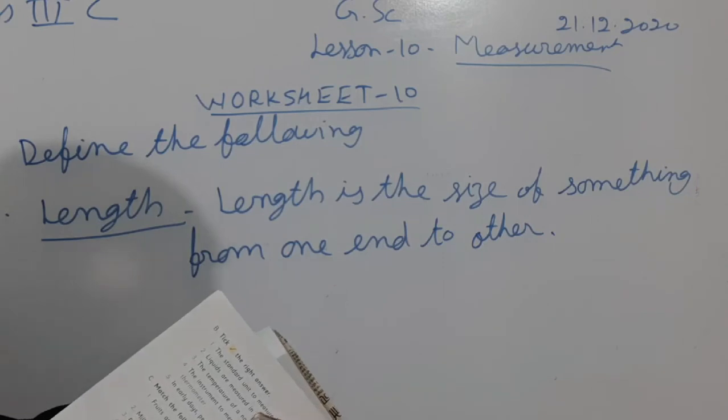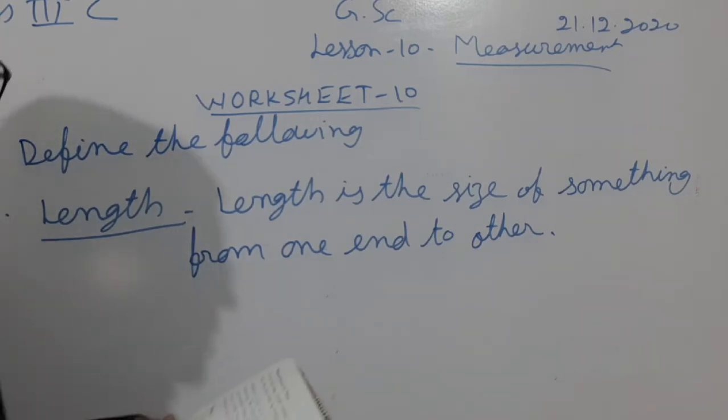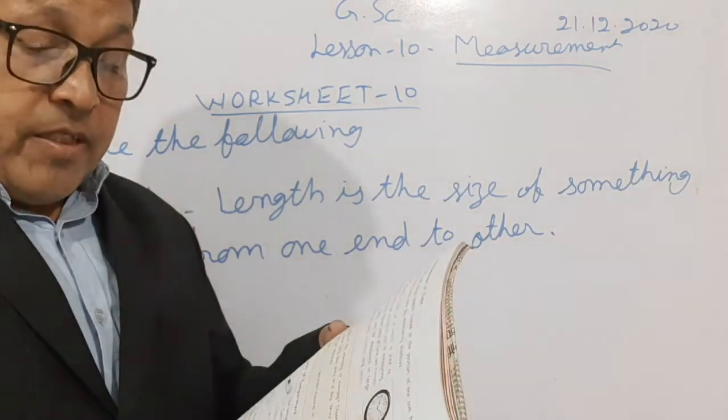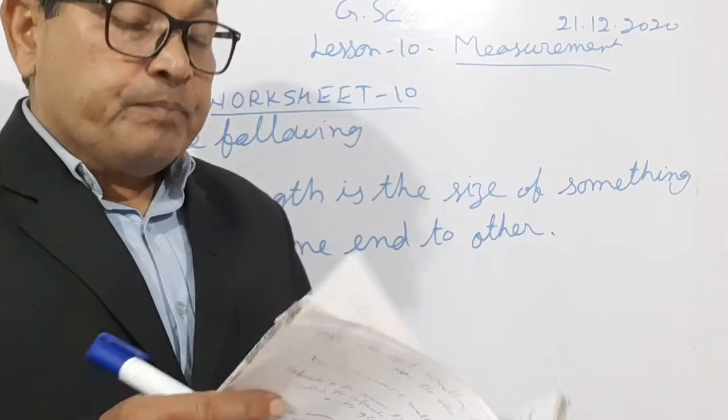So in relation to the length, length measures how long something is. Length means how long something is.